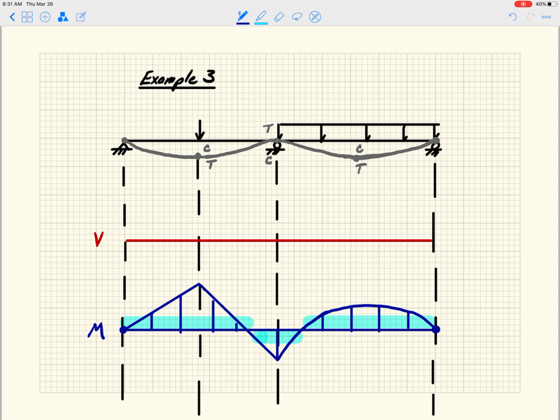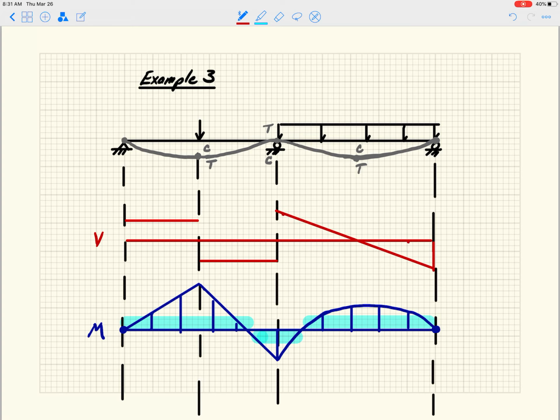But we also know it's concave down because that's the direction that the load is being applied in. Okay. And then if we move to the shear diagram, right? So once I've drawn the moment diagram, shear diagram is pretty easy. This is a positive slope, right? This one is a negative slope, like that. And then this guy here is a positive slope up into a certain point, and then it is a negative slope.